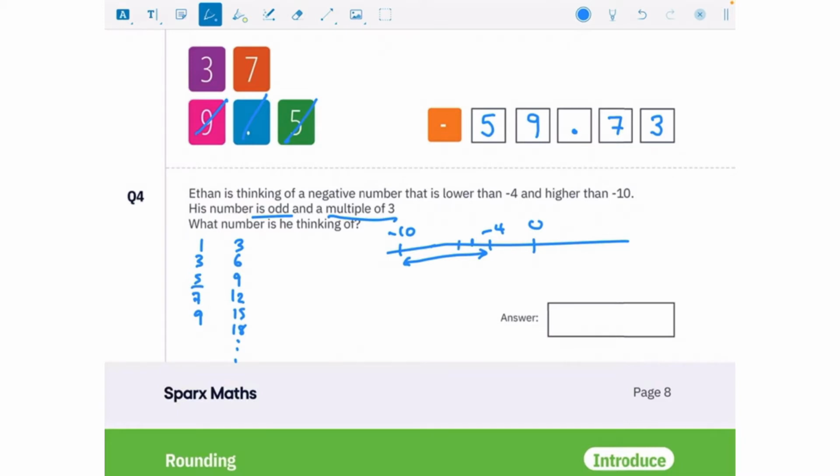Minus 6 is not odd. Minus 7 is not a multiple of 3. Minus 8 is not either. Minus 9. Now, minus 9 is good. So minus 9 would work. It's an odd number and it's also in the 3 times table. It's between minus 4 and minus 10, so minus 9 is our answer there.